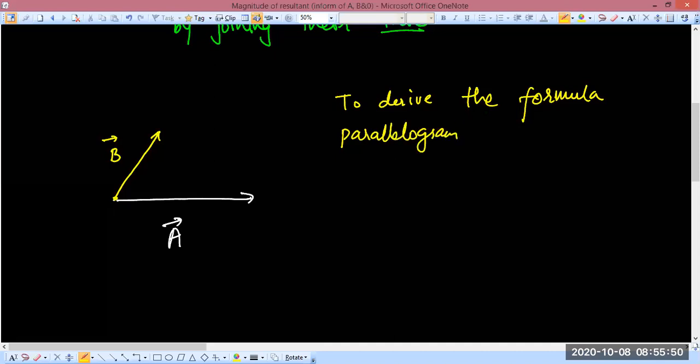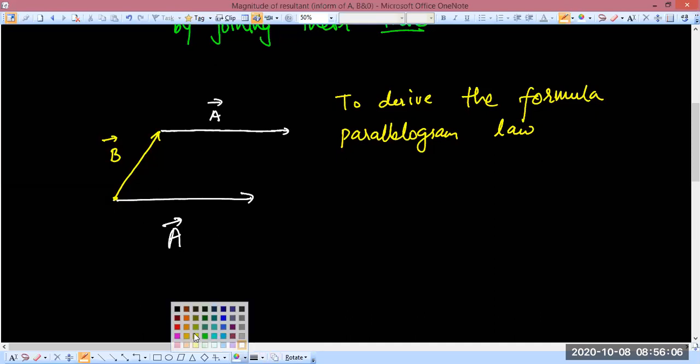I hope you all remember that. So tails are joined. Now we have to complete the parallelogram. So I'll just draw one more A vector here, and the parallelogram will be complete. And one more B vector here, so the parallelogram is completed. I hope this is clear, right?